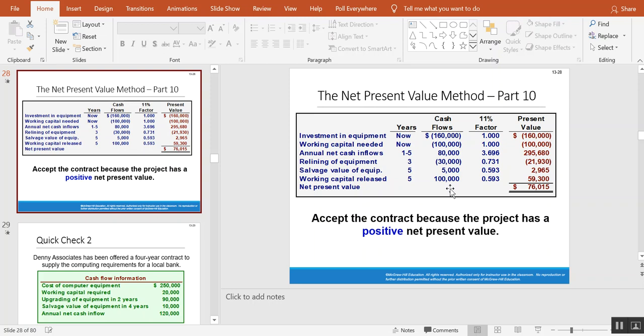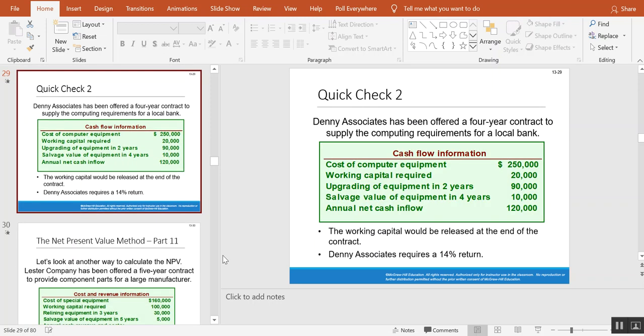In year 5, we're looking at, and by the way, these last 3 are the present value of lump sums. The only one that's a present value of an annuity is this one, because all the payments are the same and they come in every year. If it's a lump sum, we use a different present value chart. Okay, so I'll demonstrate that to you here in just a bit.